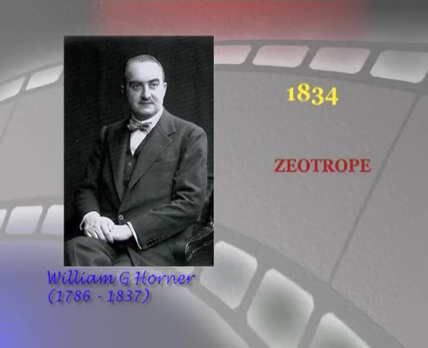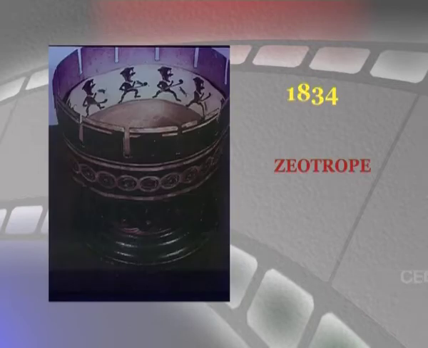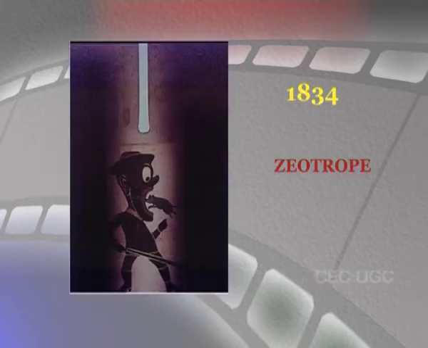Following the success of Phenakistoscope in 1832, in 1834, another small scientific device was developed by William Horner, and it was called zoetrope. It was like a bowl with slots cut on the outer side, and hand-drawn pictures on paper were inserted in the inner circle.